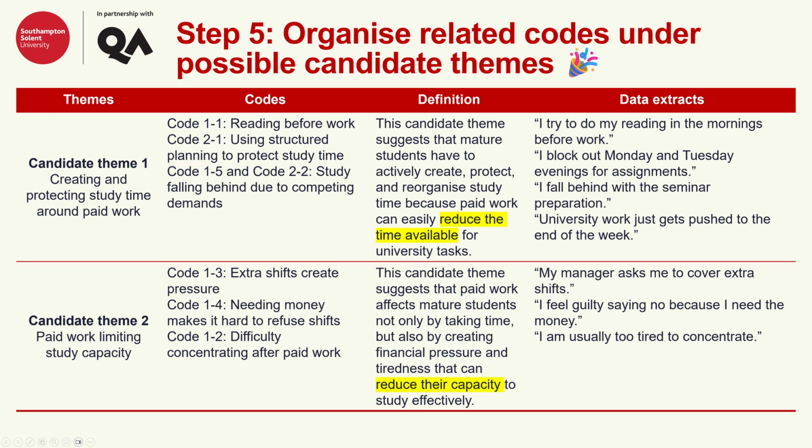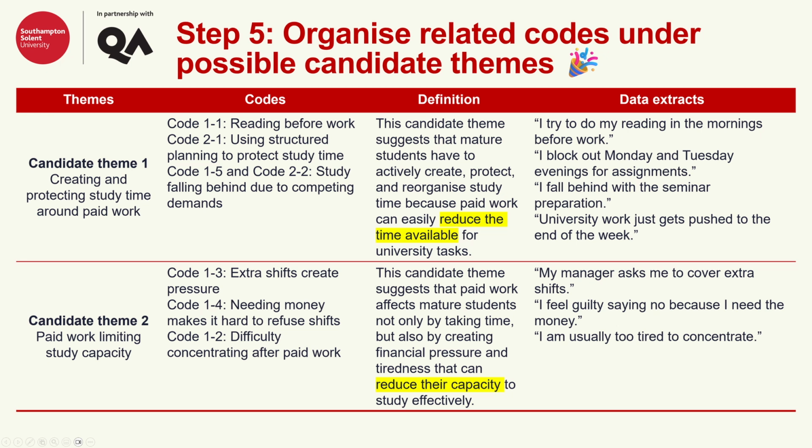The first two, Code 1.1 and Code 2.1, show students actively creating space for study by reading before work and blocking out particular evenings. The third shows what can happen when competing demands take over, like study falls behind or is pushed to the end of the week.